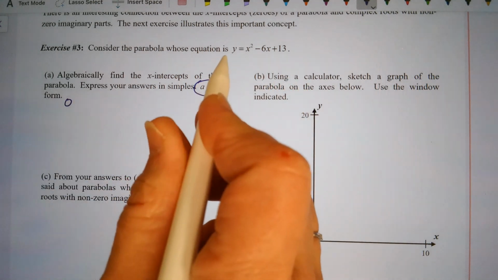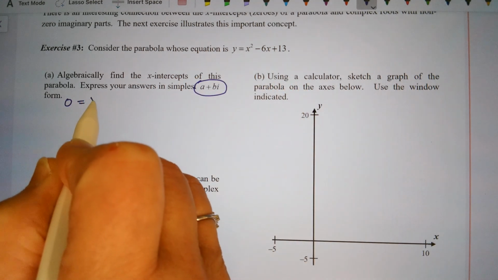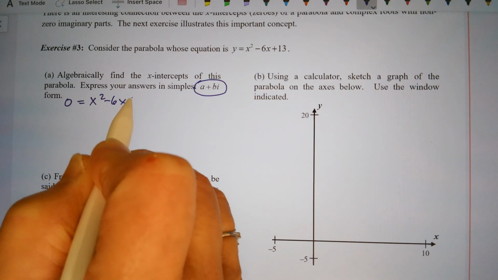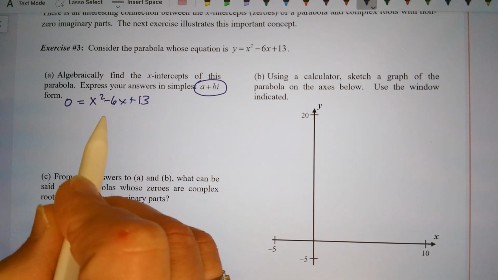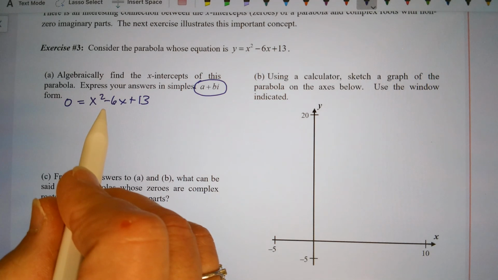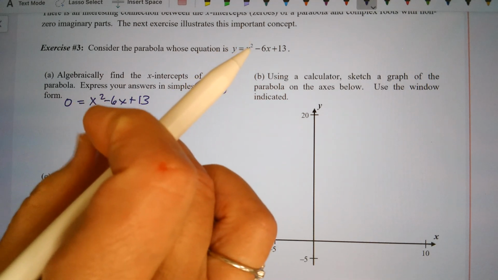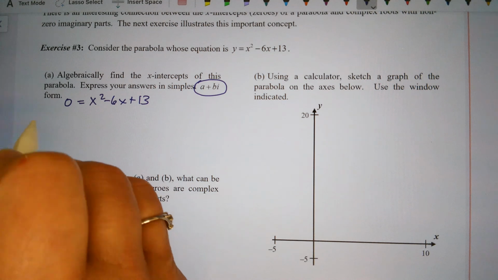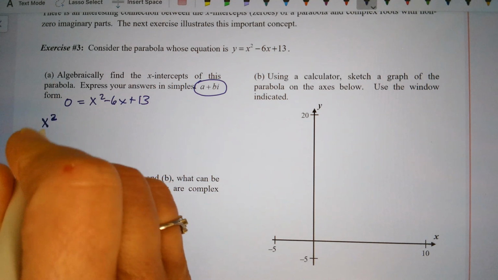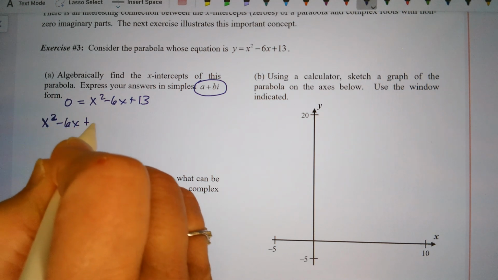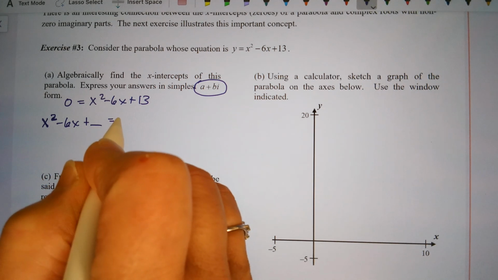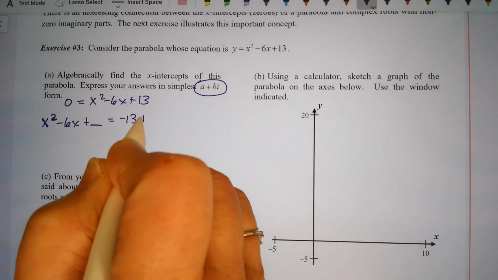So replace our output y with 0. 0 equals x squared minus 6x plus 13. Again, I'm going to use complete the square. I'm going to write it with these terms on the left side and 0 on the right. So x squared minus 6x plus blank equals negative 13 plus blank.